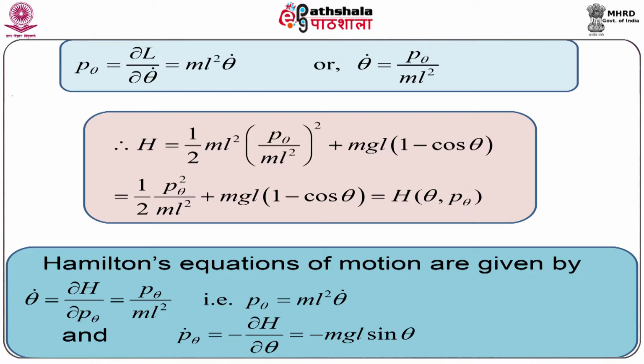Therefore, m L squared theta double dot equal to minus m g L sin theta, or theta double dot equal to minus g divided by L into sin theta, which is nearly equal to minus g divided by L into theta.